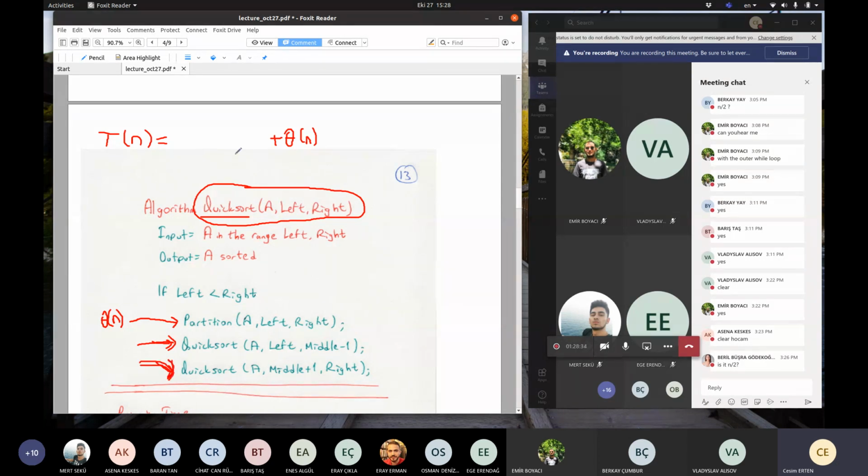I need to add these to theta n to describe the recurrence which denotes the running time of quicksort. What terms should I add in here to describe the running time of these two recursive calls?